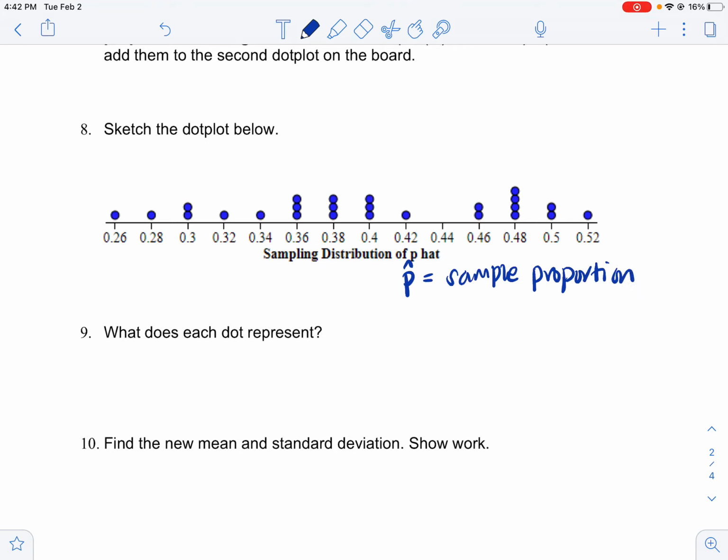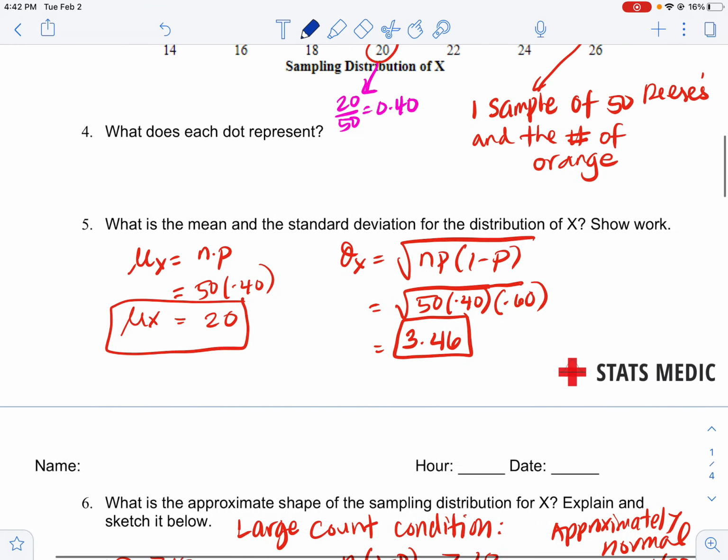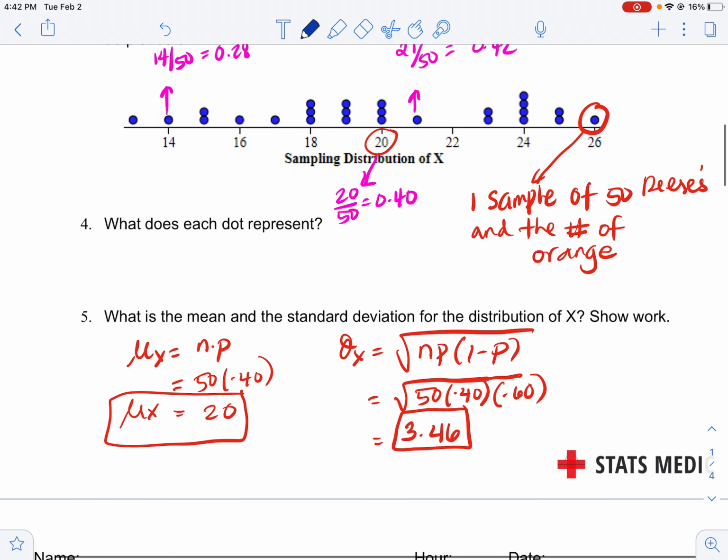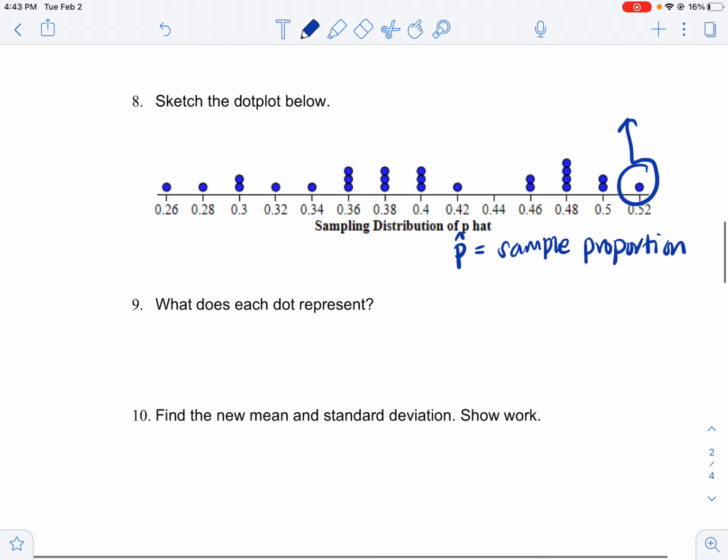Okay? So what does each dot represent? What did the dot earlier represent? It represented one sample of 50 Reese's and the number of orange candy. So here, this no longer represents the number.